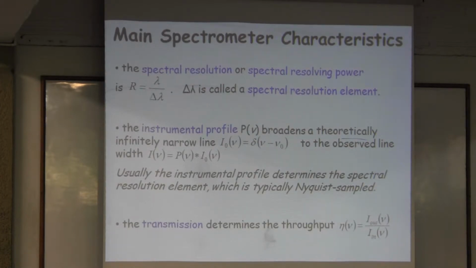What about this instrumental profile? It is related, of course, to the size of the telescope, and it will also relate to the properties of the grating. In the dispersion direction, it's actually to a large extent independent. Now, of course, along the slit, where you have your spatial information, there the angular resolution, where the pupil is important. In dispersion, it only matters the design of the spectrograph.